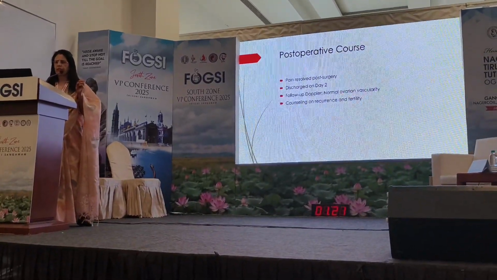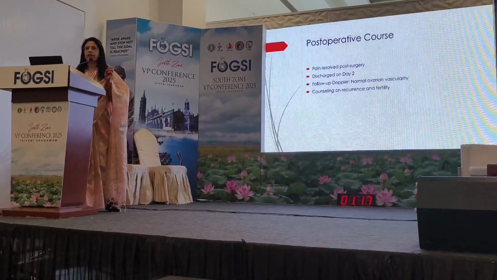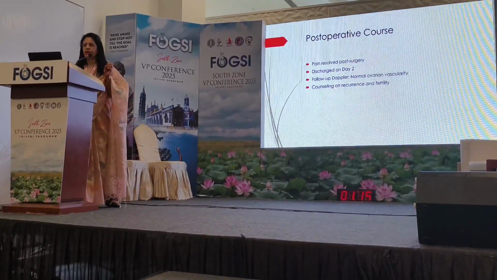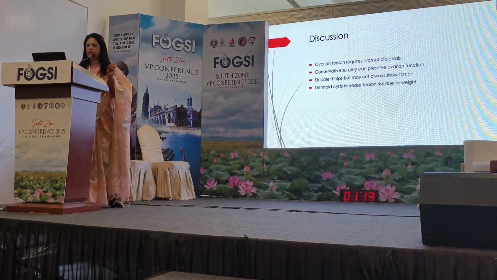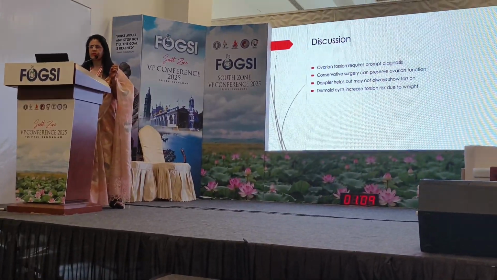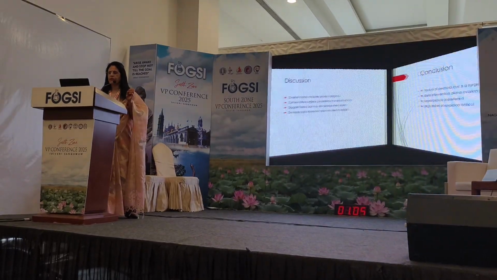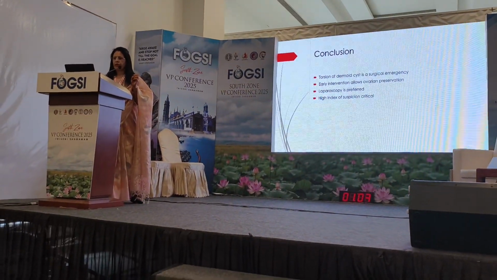We discharged the patient on day 2 with normal ovarian vascularity, and counseling on recurrence and fertility was done. So ovarian torsion requires prompt diagnosis, and conservative surgery can preserve ovarian function.